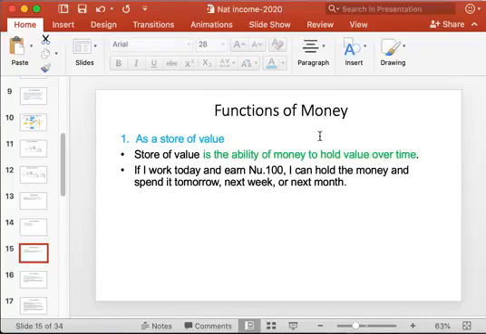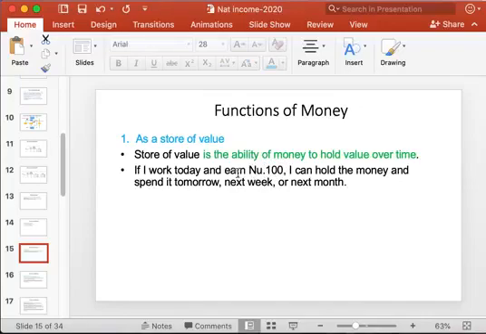So if you observe, the 100 Newton that you have just now can be used to purchase the same quantity of a particular product in the future with 100 Newton, if there is no change in inflation, for example.